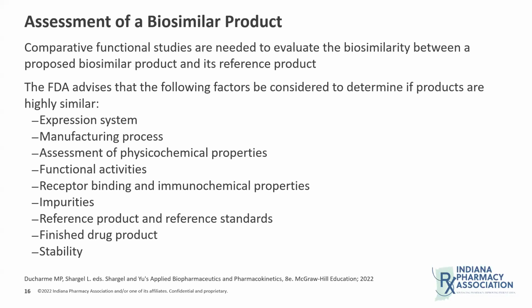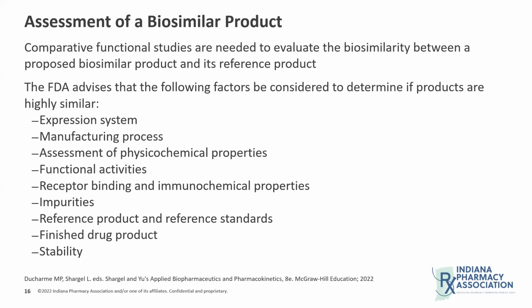Impurities happen in all sorts of manufacturing processes, in small molecules and biologics, and those need to be taken into account. There should be an assessment of the reference product, so there is at least a base of information from which you develop the biosimilar product, and then justify reliance on certain scientific knowledge about the reference product for the biosimilar.